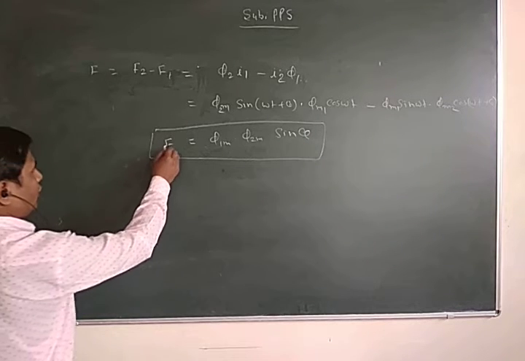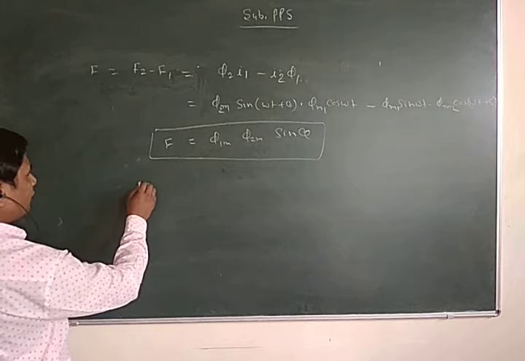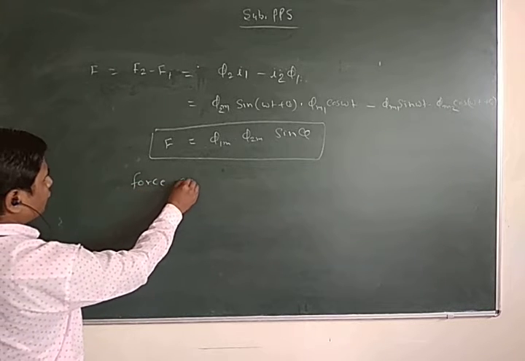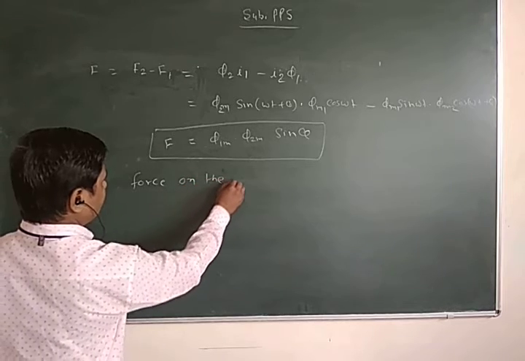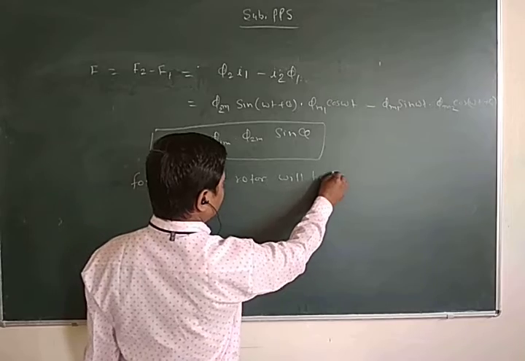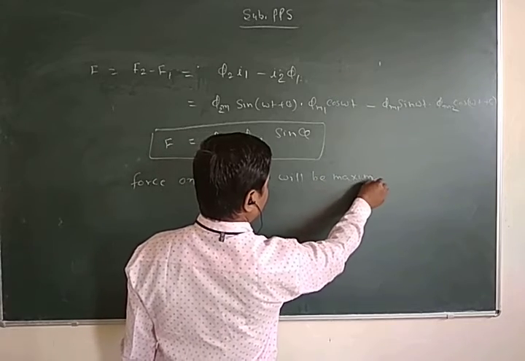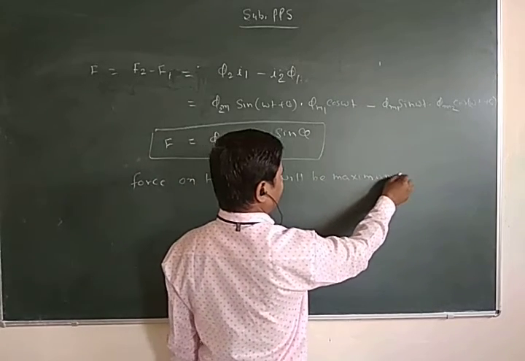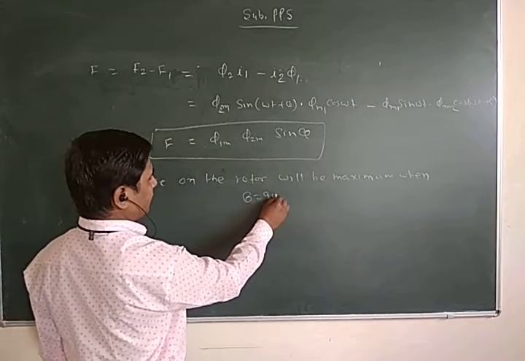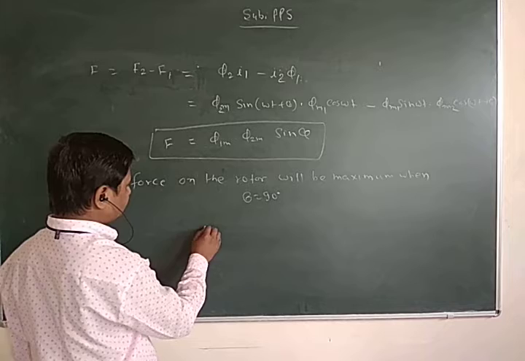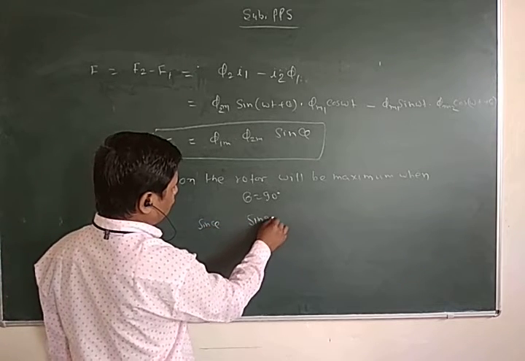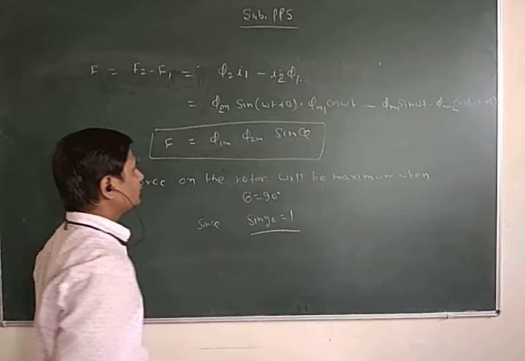So the force on the rotor will be maximum when theta is equal to 90 degrees, because sin 90 is equal to 1.